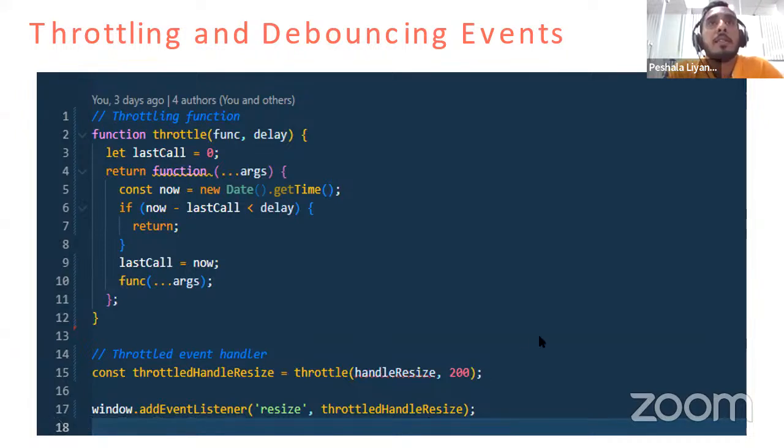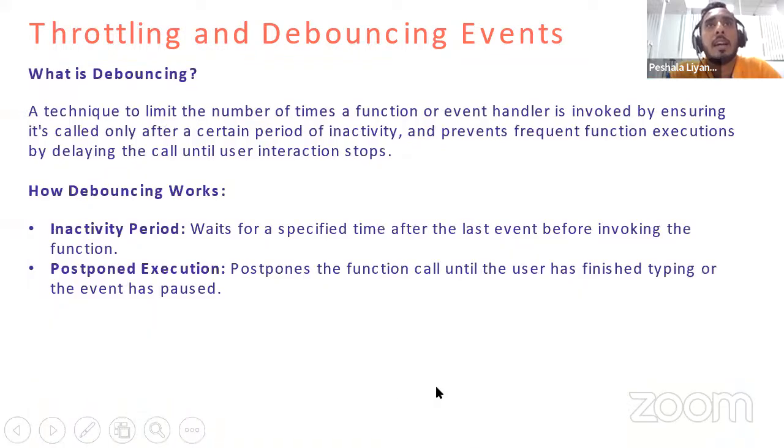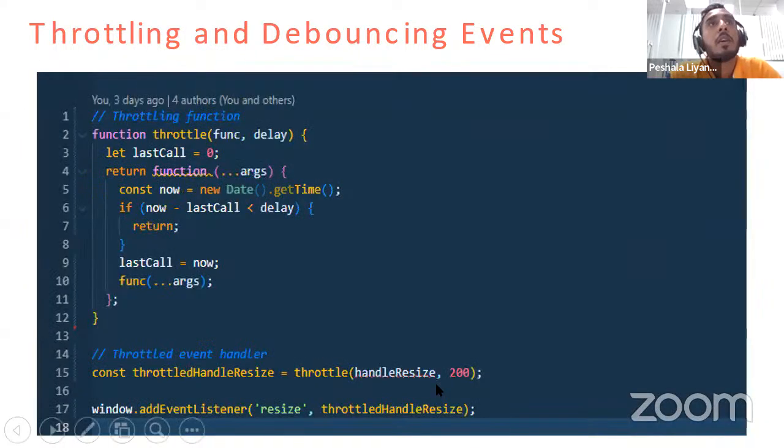What it does is that after this specific amount of time, basically 200 milliseconds, it will call this function and do whatever the thing. Handle resize function is another function that you need to write.